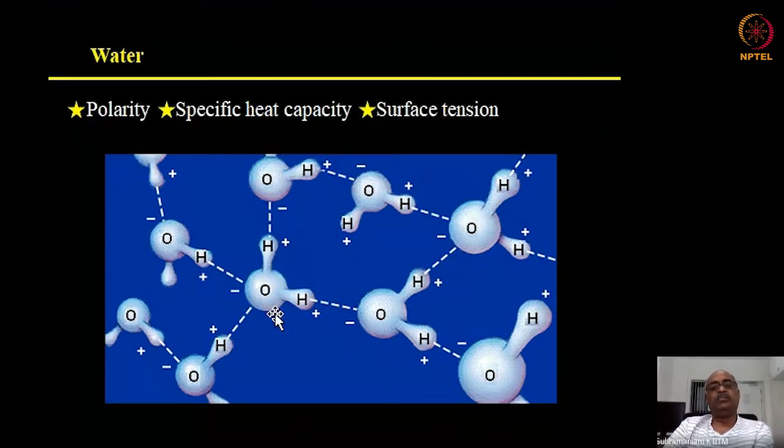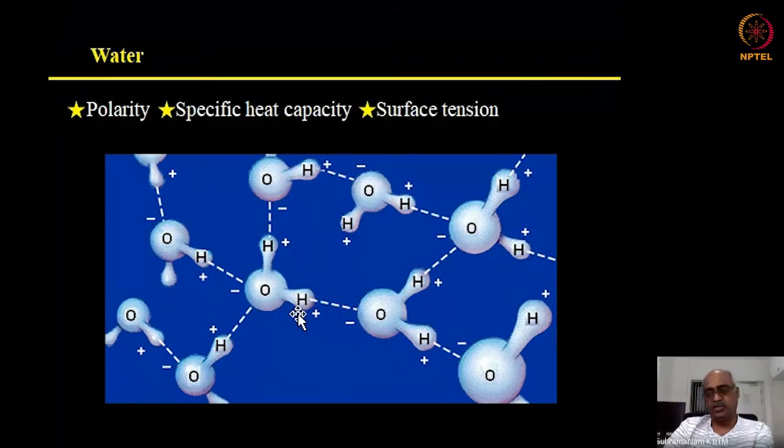So the shared pair of electrons spend more time orbiting around the oxygen nucleus than around the hydrogen nucleus. That is what we mean when we say the electronegative atom pulls the shared pair of electrons.